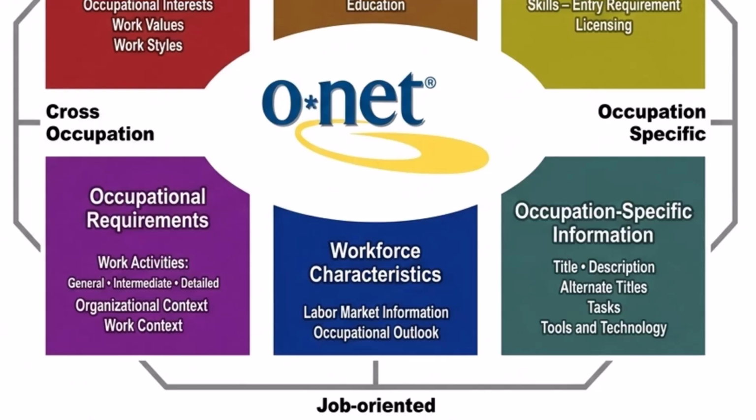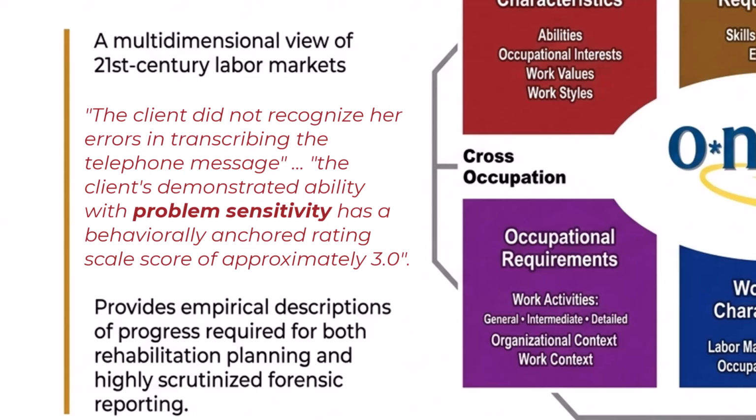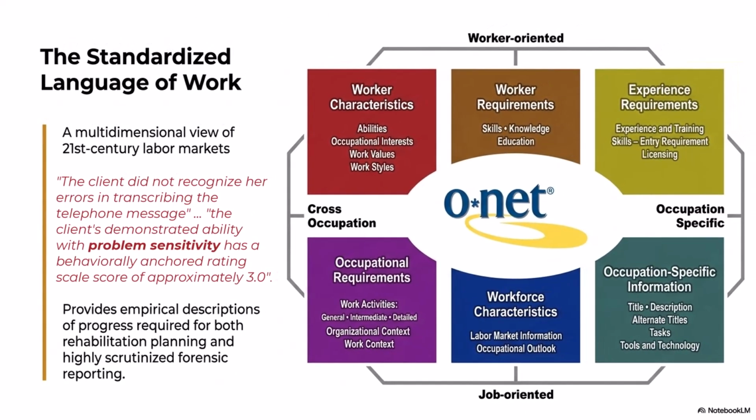This framework allows us to transition broad clinical observations, for example, the client did not recognize her errors in transcribing the telephone message, into specific, quantifiable metrics, such as the client's demonstrated ability with problem sensitivity resulted in a behaviorally anchored rating scale score of approximately 3.0. This is essential for providing empirical descriptions of progress required for rehabilitation planning, measurement of progress in therapy, and offering professional opinions in highly scrutinized forensic reporting.